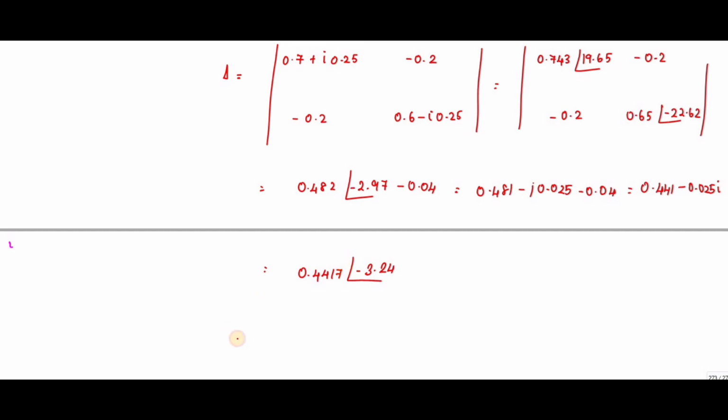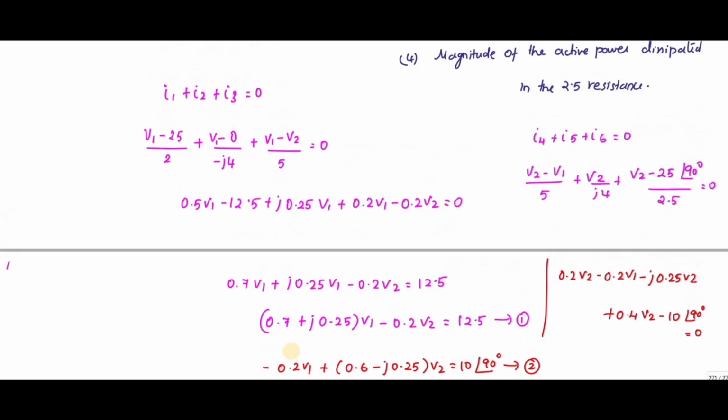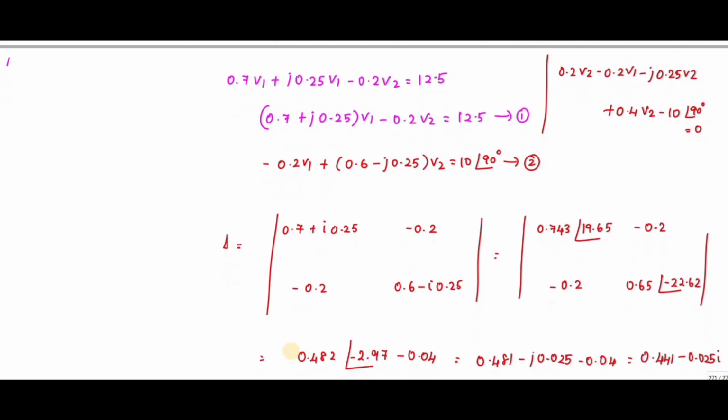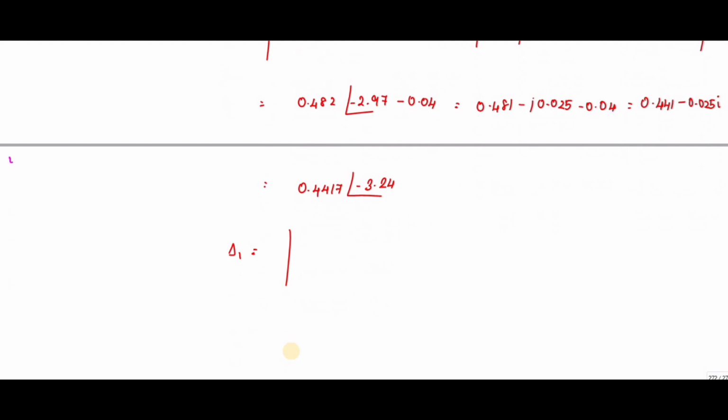Okay, so what is del 1? Del 1 is equal to 12.5. Okay, 12.5 and this 10 of 90 degree.